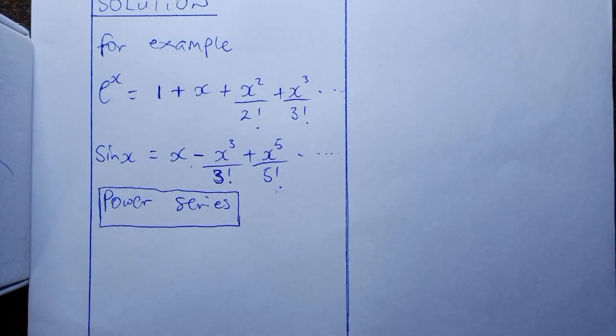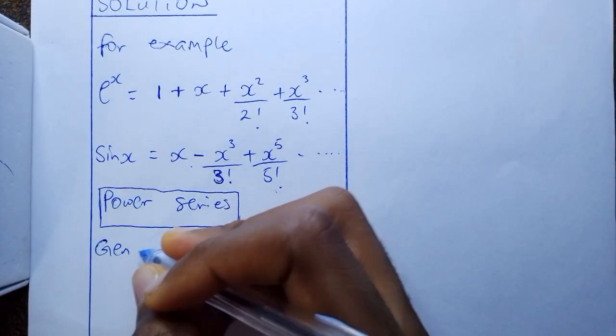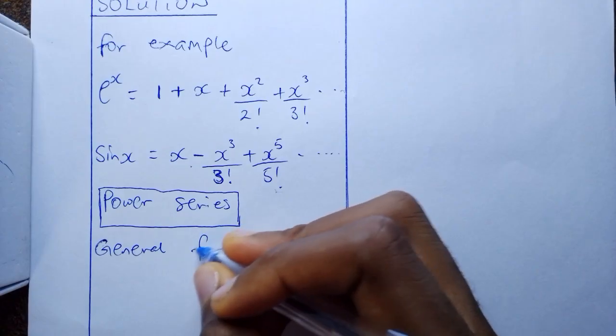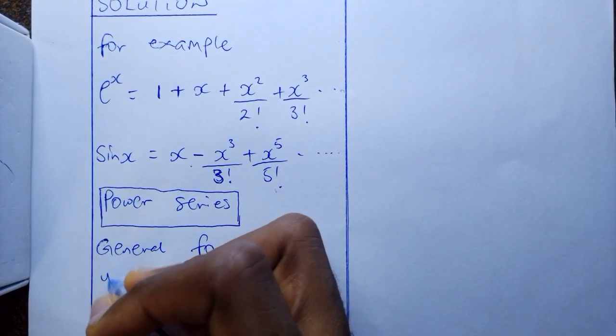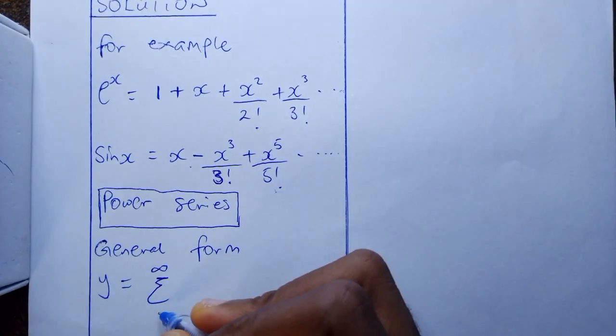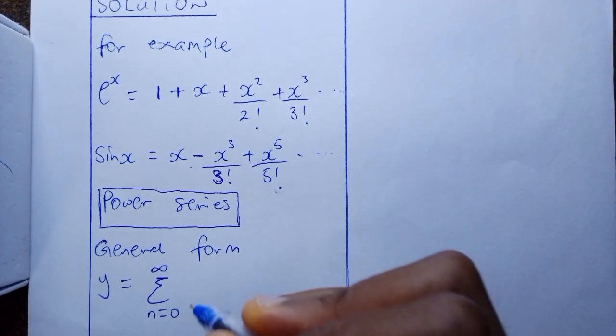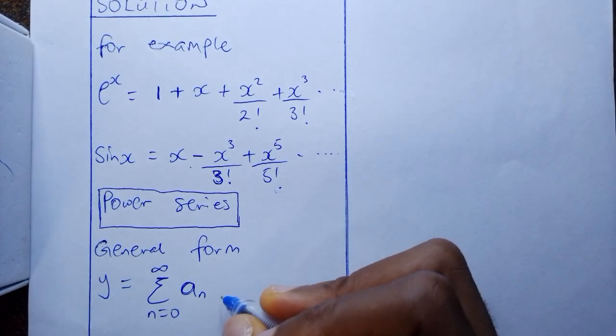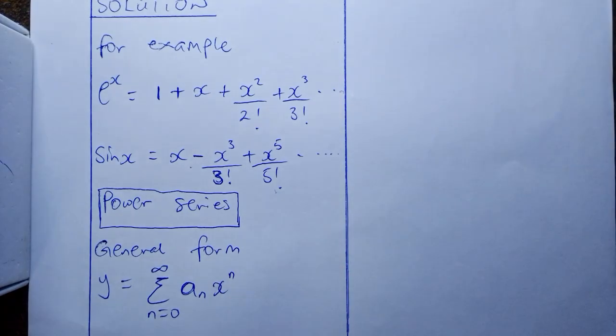Now, a power series has a general form. This is the general form of a power series: y equals summation from n equals 0 to infinity of a subscript n, x to the power n.